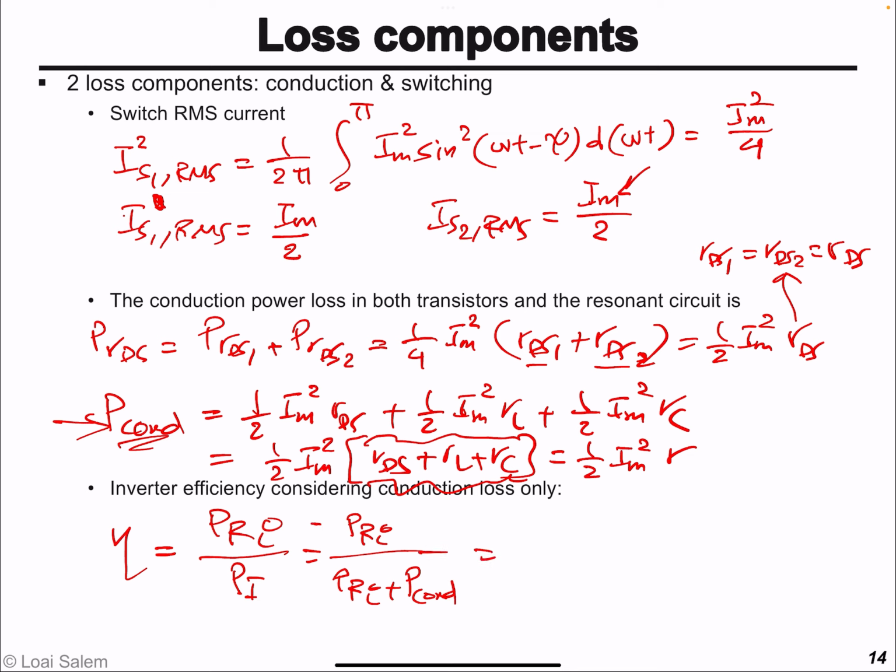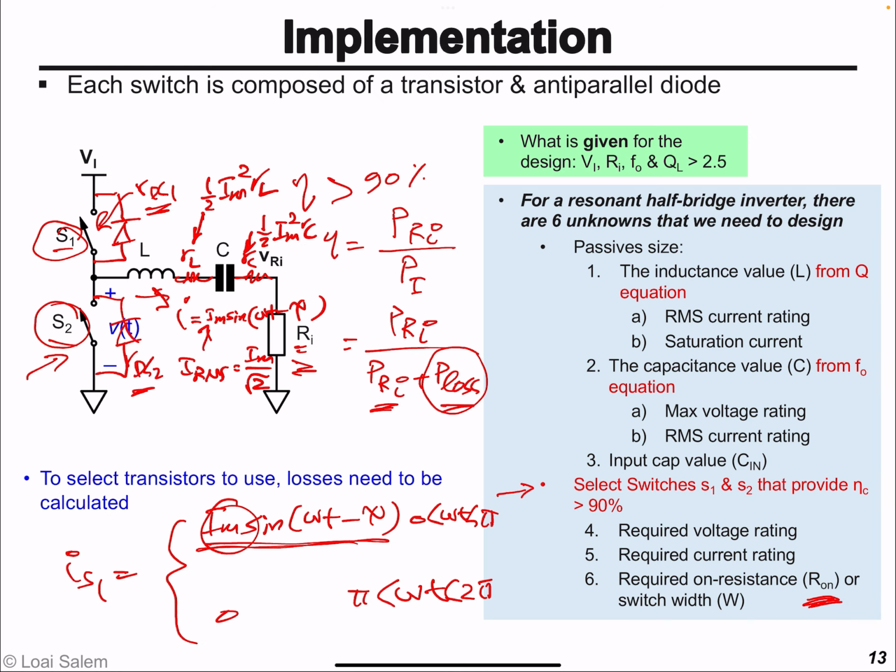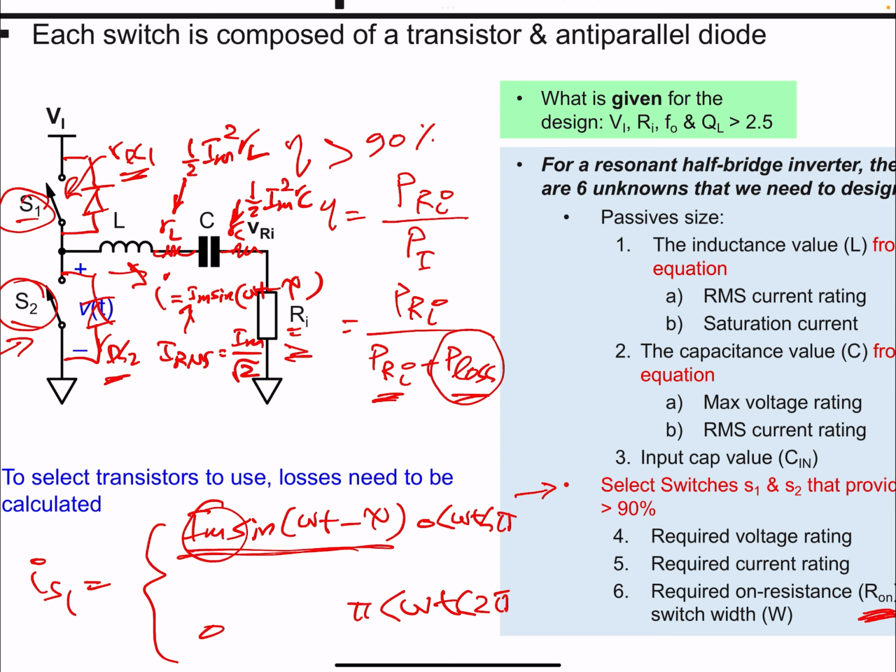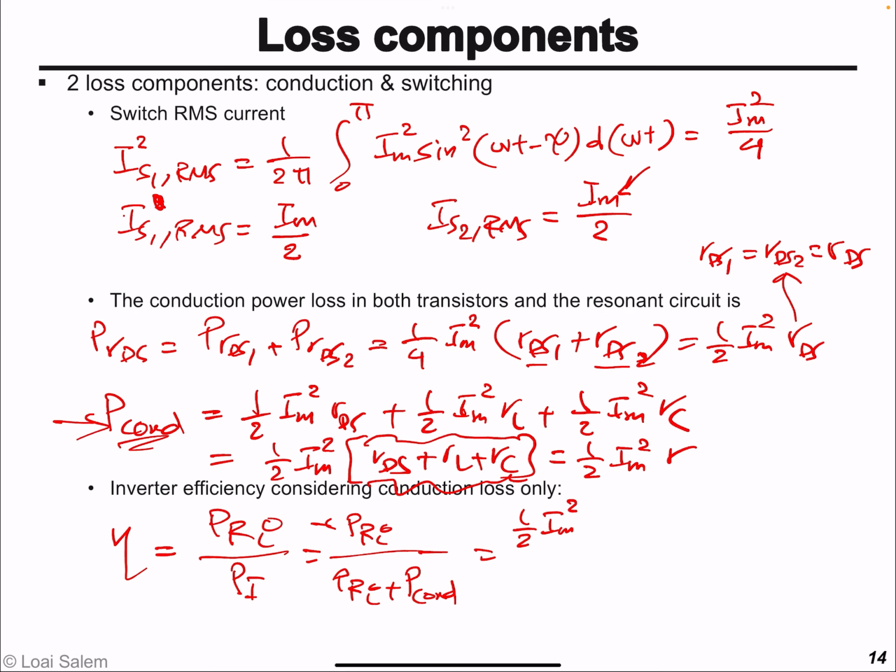The power that's delivered to the load is the RMS value squared of the resonant current, right? The resonant current is essentially the current that will flow in the load resistor times Ri. That's the power that's delivered to the AC load. Then we have 1 over 2 Im square Ri plus the conduction loss, which is 1 over 2 Im square times R small.